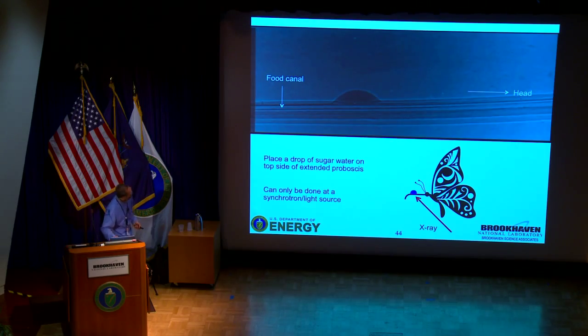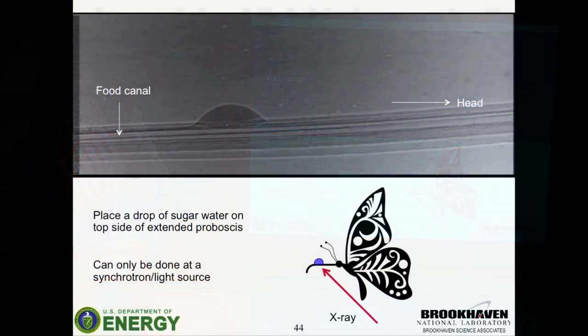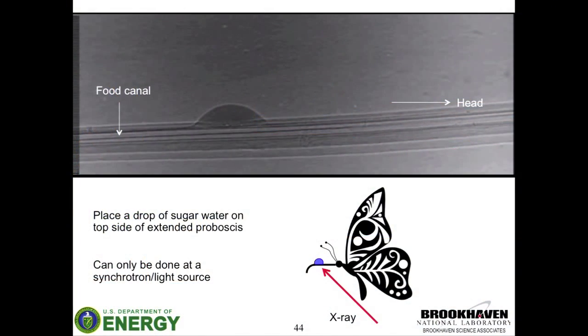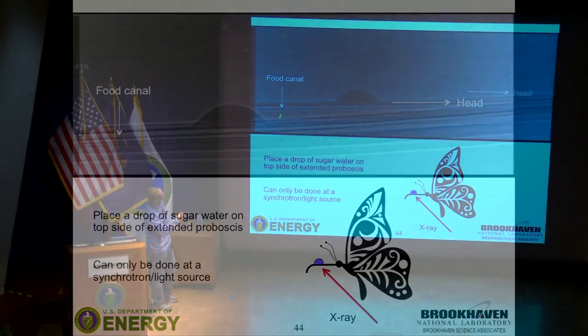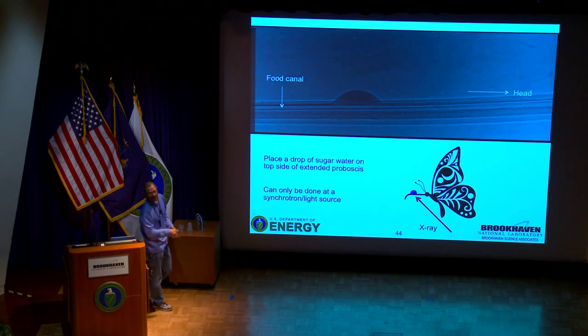So here's an experiment that we did. And this is the kind of experiment, like before, that can only be done at a light source in a synchrotron. We took a butterfly, and we carefully unfolded its proboscis and put a drop of liquid there and imaged it. So here is the proboscis. The head is there, just like I've shown in this orientation. And here's the food canal, and we just put a drop of liquid there, okay?